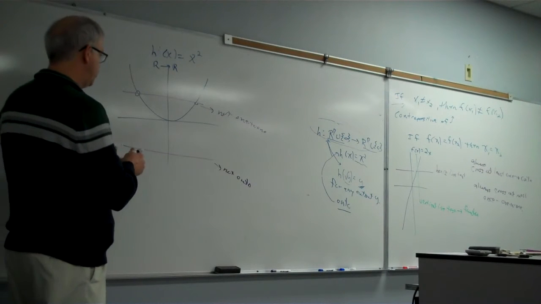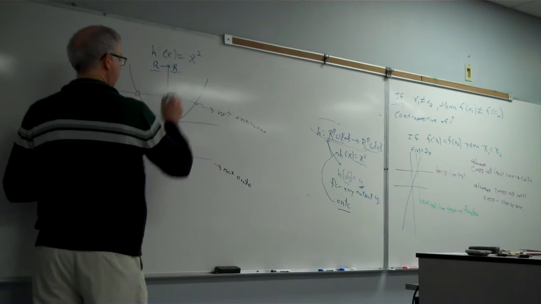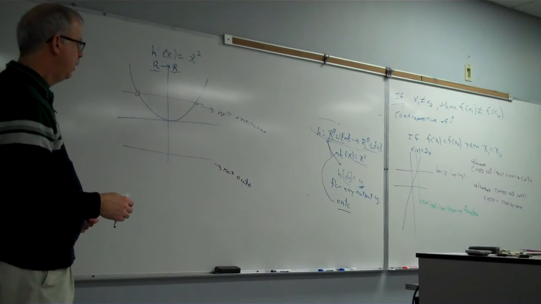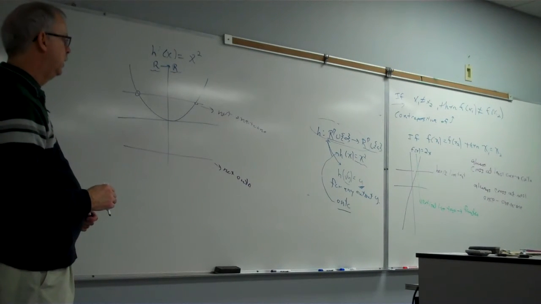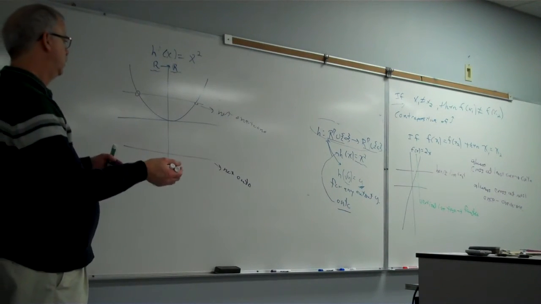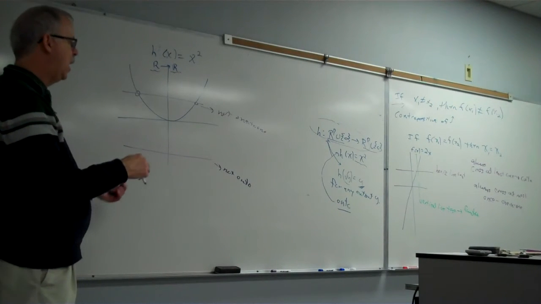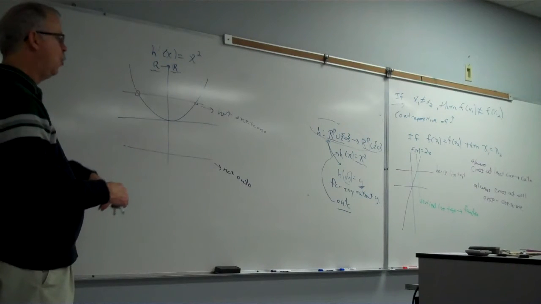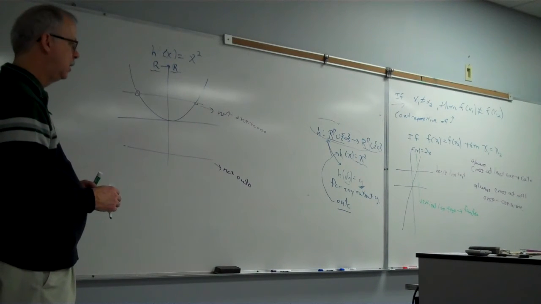And as we change domain and codomain, we can make it onto, still not 1 to 1. We can make it neither, well, I mean, it is neither here. We could make it both.